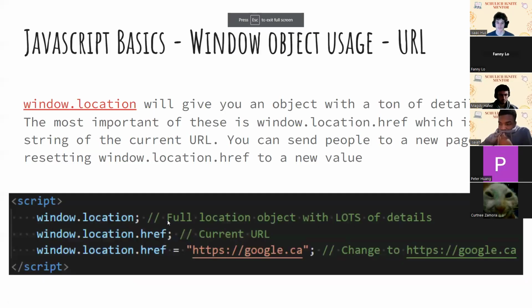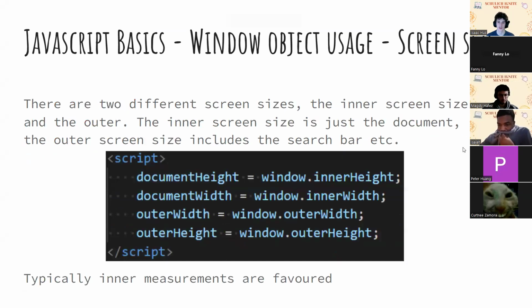So yeah, location, URL, and you can change the URL using this. With the object, you can use an assignment operator in order to push things to the object to edit it. So this would bring you to google.com. Screen size, we can make the screen size bigger or smaller with the window again.